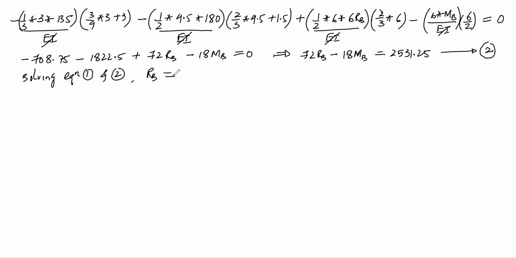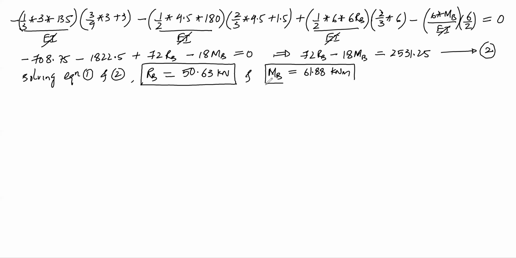So we find RB as 50.63 kilonewtons because it is a reaction. The unit will be kilonewtons, and MB is 61.88 kilonewton meter because it is a moment. The unit will be kilonewton meter. So these are the two redundants.